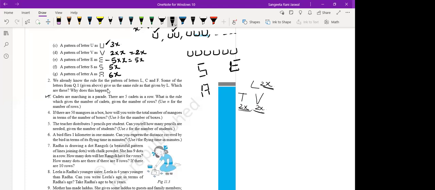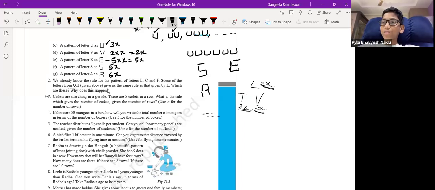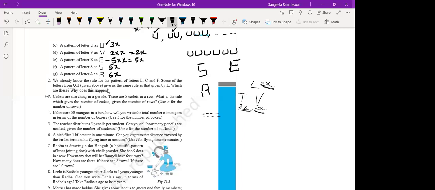Okay, now see, cadets are marching in a parade. Have you all seen a parade? How the cadets walk in a parade, they walk in lines, like soldiers. This side also they are walking regularly, this side also they are forming a line. A regular line, both vertically and horizontally.